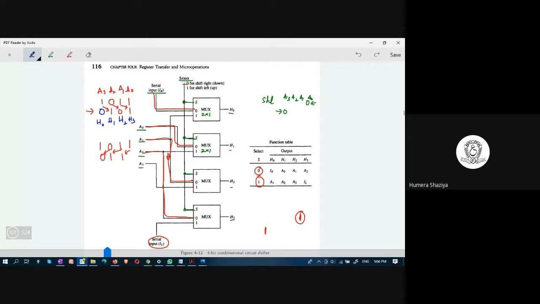To H0 you are giving the serial input, meaning 0. 0 would come here, in the place of H0.